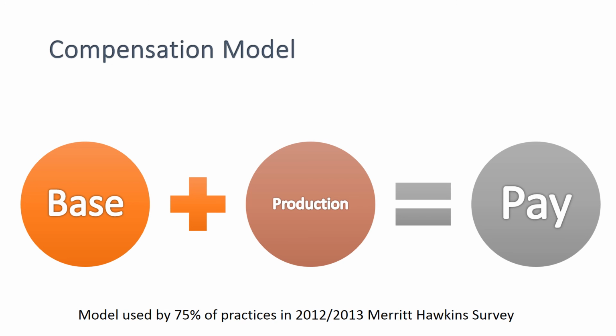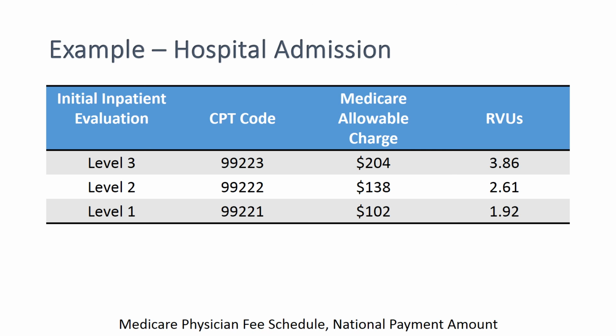So why is this important to you as a physician or healthcare practitioner? It's because of the compensation models that are used by most practices, where you have a base salary, some sort of production or productivity component, and when those are added together, it provides you with your overall income. When you look at the level of service for a hospital admission, a level 3 admission has a Medicare allowable charge of $204, which is 3.86 relative value units.